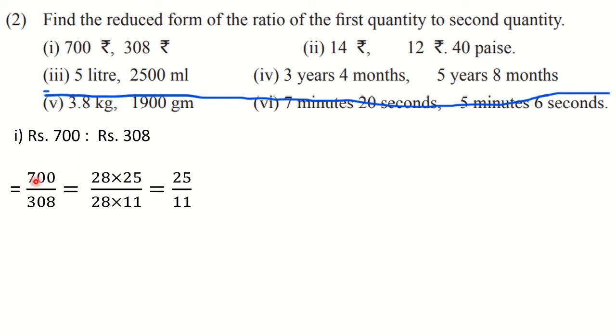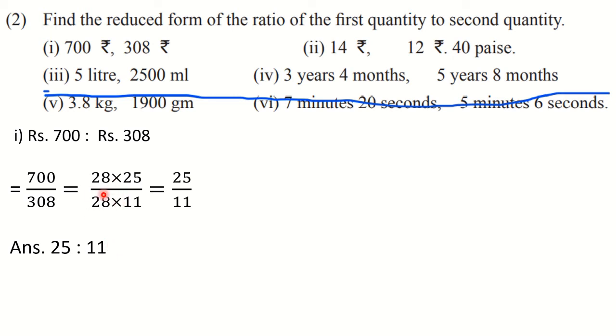We can write it as 700 upon 308. Now these two numbers are divisible by 28. 700 we can write as 28 into 25 and 308 we can write as 28 into 11, and therefore the answer is 25 upon 11, that is 25 is to 11.